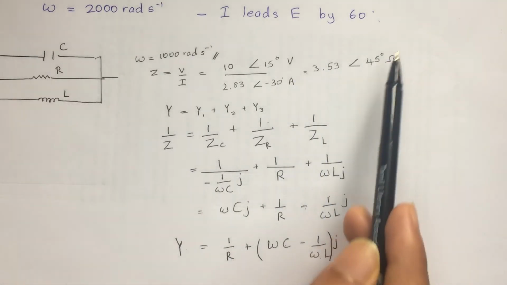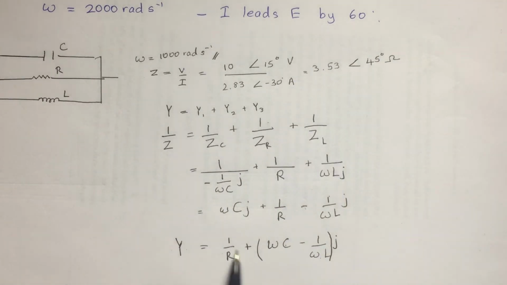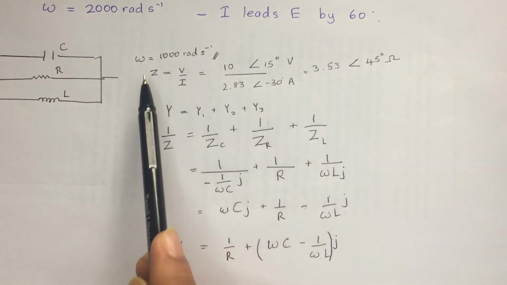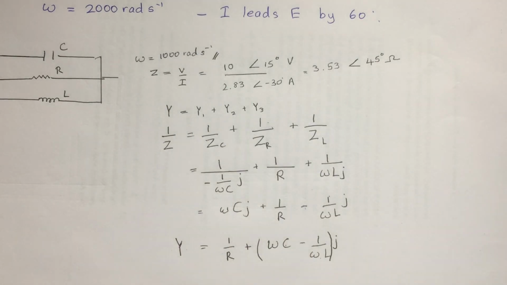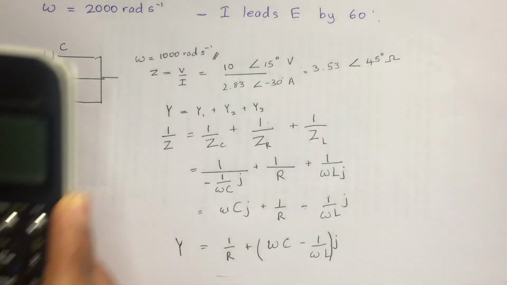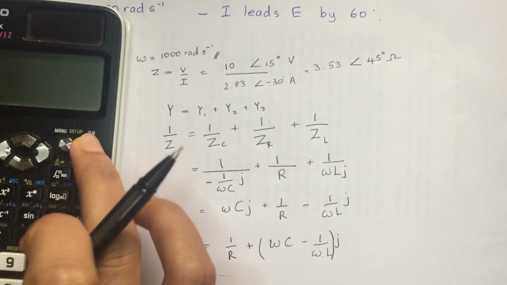Likewise, when finding the polar angle, we take tan theta, which would be equal to (omega C minus 1 over omega L) over (1 over R), which would be the phasor angle of that admittance. So you can either change it to polar form, or now I'm going to change this part to Cartesian form. It looks easy. Okay, let's do that and check.